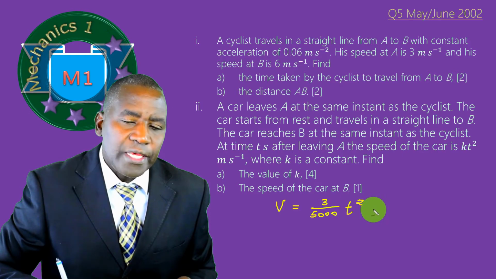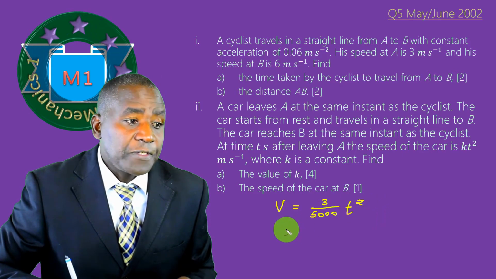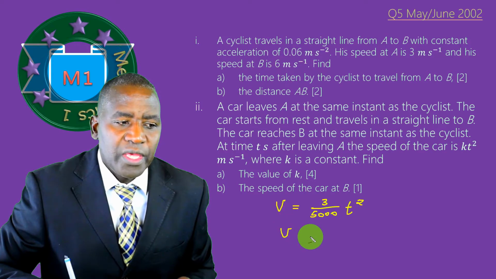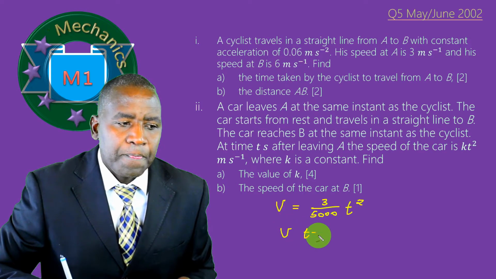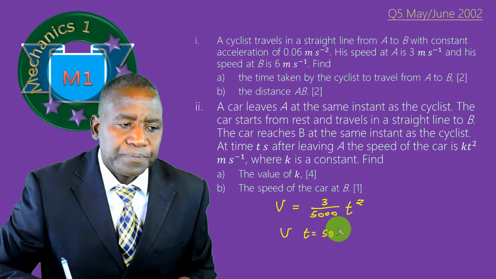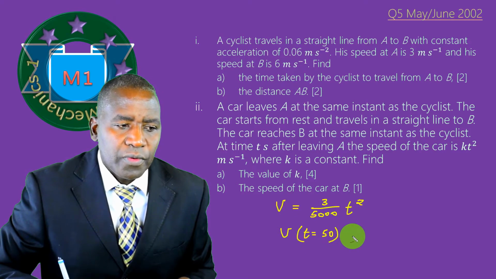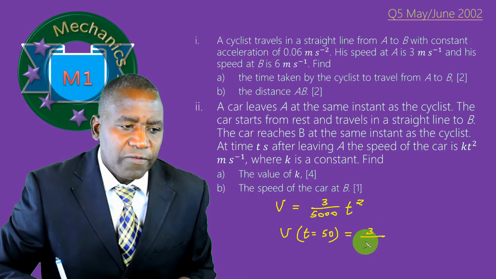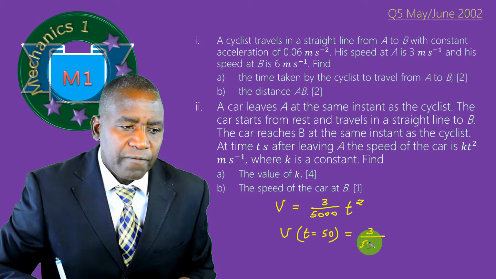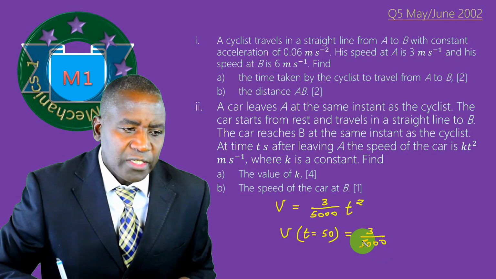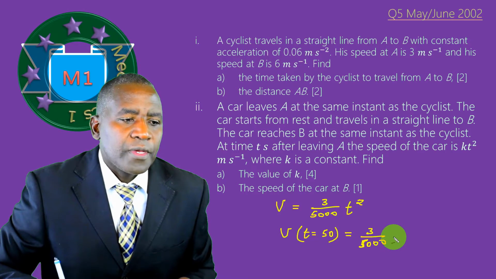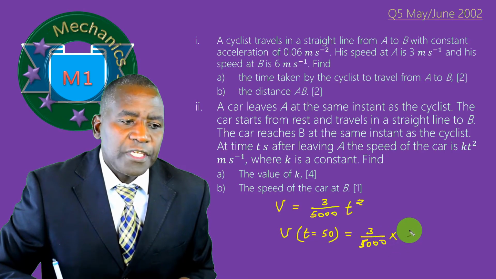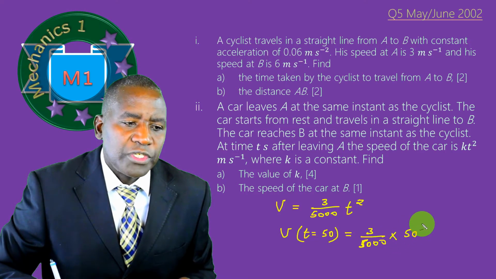But the value of t is 50. So v, when t is 50, is going to be equal to 3 over 5,000, sorry for that, times 50 squared.